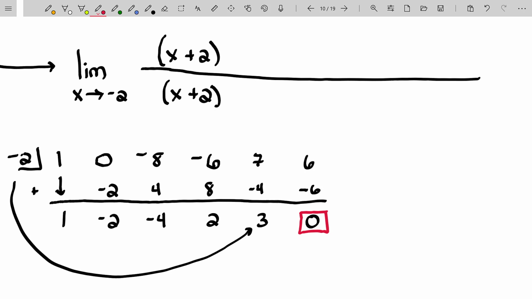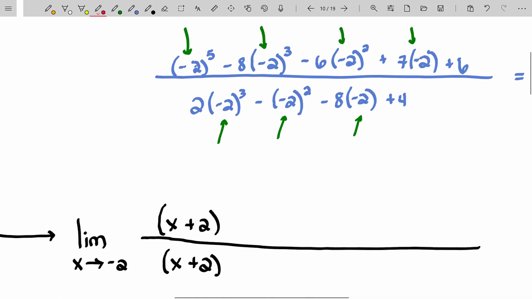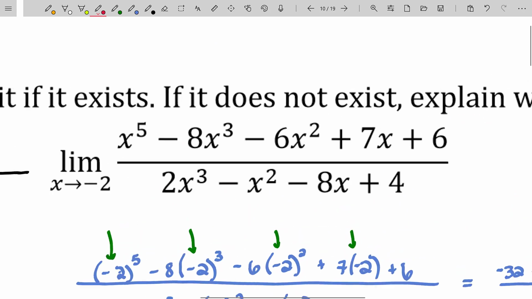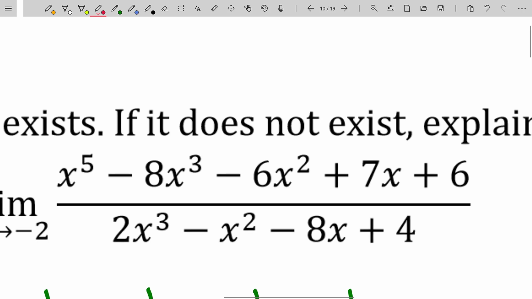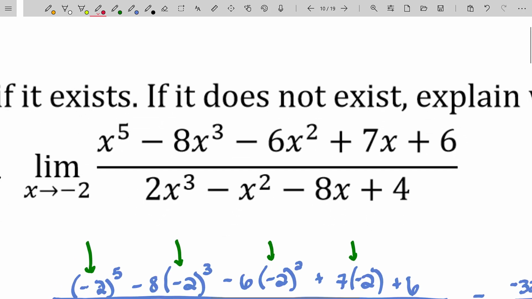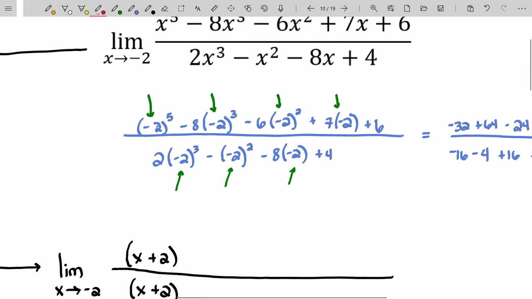But what's important here is that we now have the coefficients of each term in the remaining polynomial. So when I divide that numerator, x to the 5th minus 8x cubed minus 6x squared plus 7x plus 6, by x minus negative 2, I get the following.